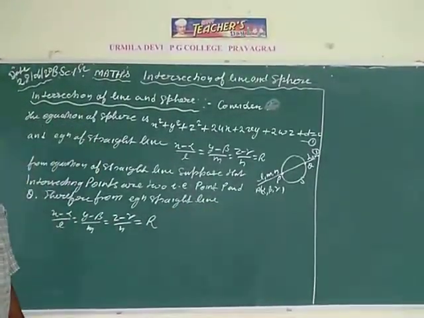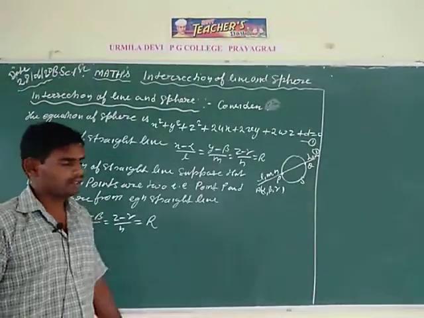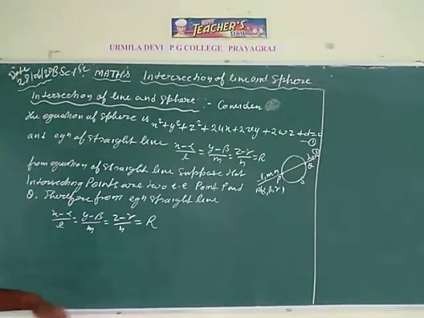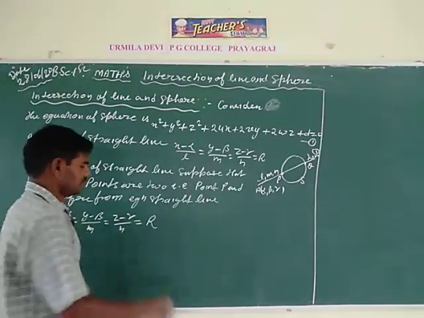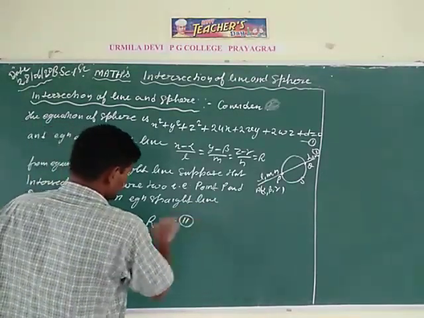Suppose the points are P or Q. So here consider point P. So R is the distance between A and P, and this is denoted by the second equation.